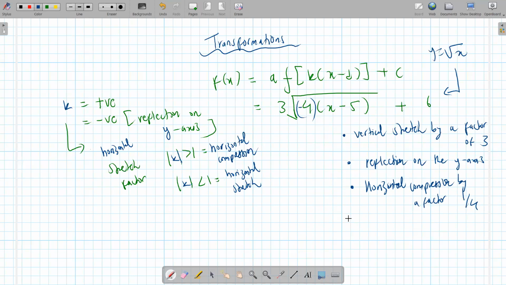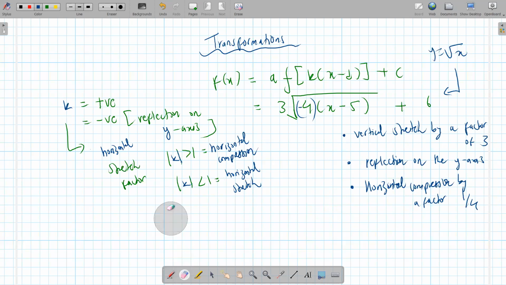Did you understand K? Yeah, I just know that if K is bigger than 1, it's going to be a horizontal compression, and you flip it over. It's like a reciprocal, right? Yeah, exactly. I understand that part.